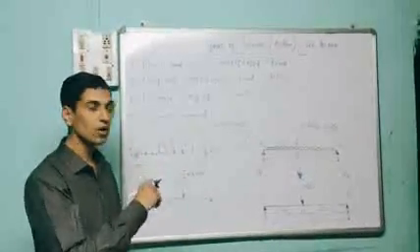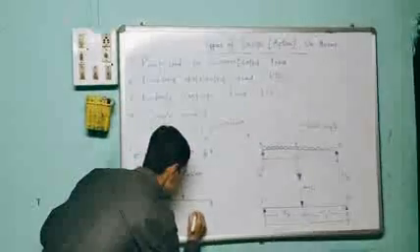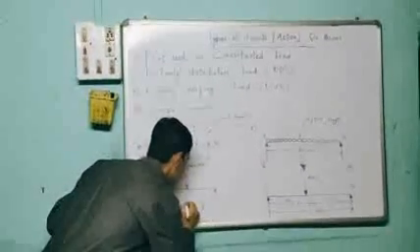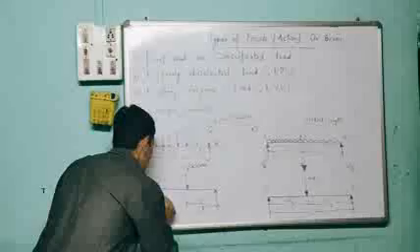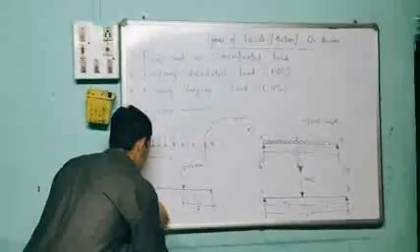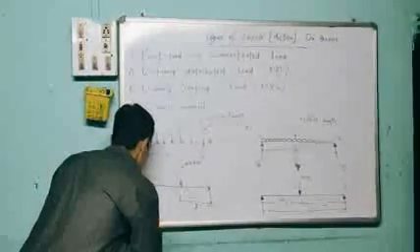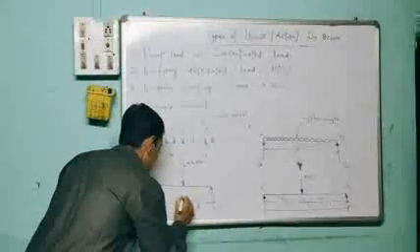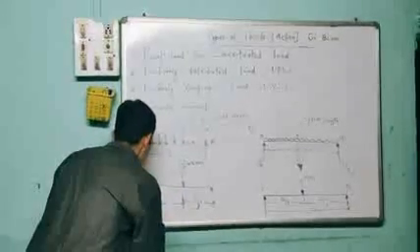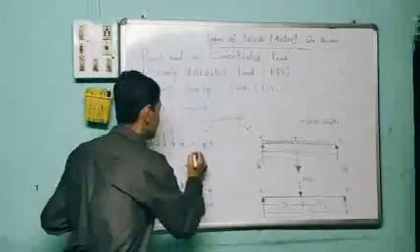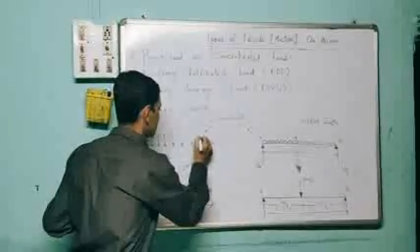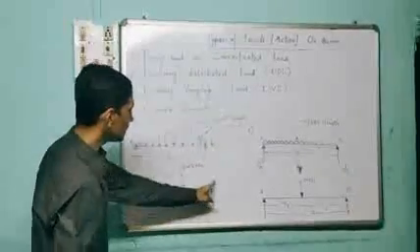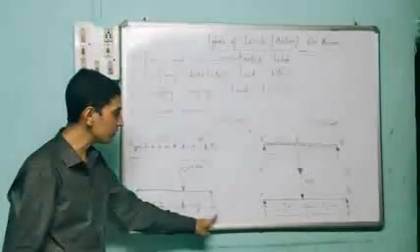If you calculate half base into height, that gives the single point load of the UVL, or the entire weight of the triangular load, which is acting at 1/3 distance from the 90-degree angle. Wherever the angle of a triangle is 90 degrees, from there the point load is acting. Suppose here the angle of the triangle is 90 degrees. From there the point load is acting at a distance of 1/3 of base.